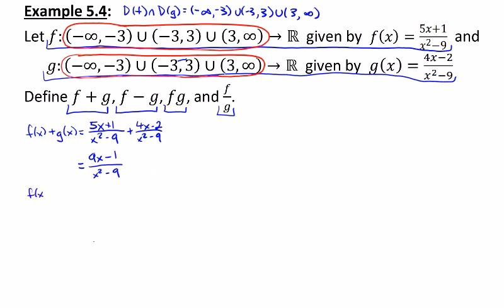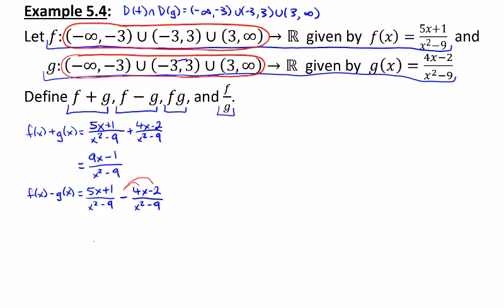We'll do the same thing for f of x minus g of x. Swap out the addition for a subtraction operation. And it's important that even though we don't usually write the parentheses when we're dealing with the fractions like this, it is important to know that this subtraction applies to the 4x and it also applies to that negative 2 there, or that subtraction of 2.